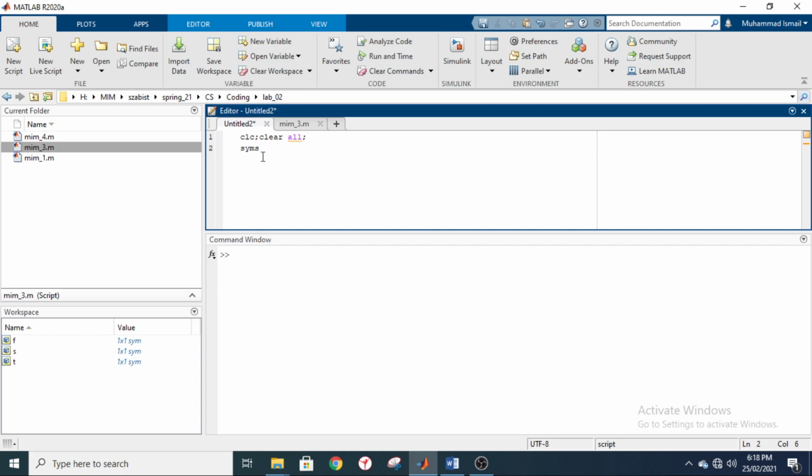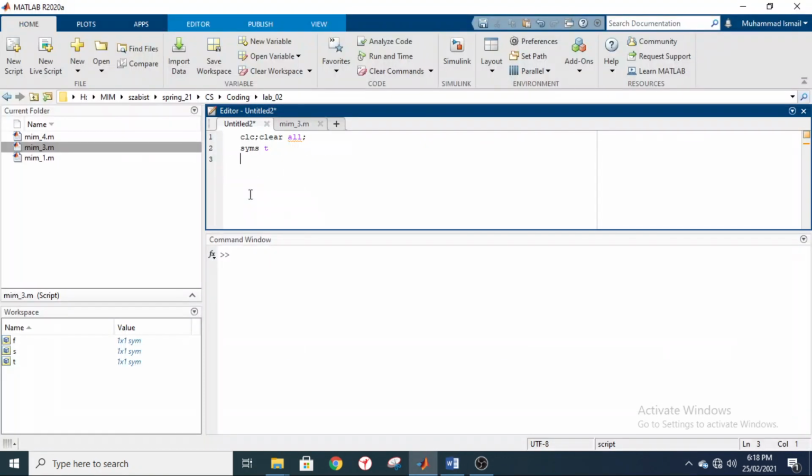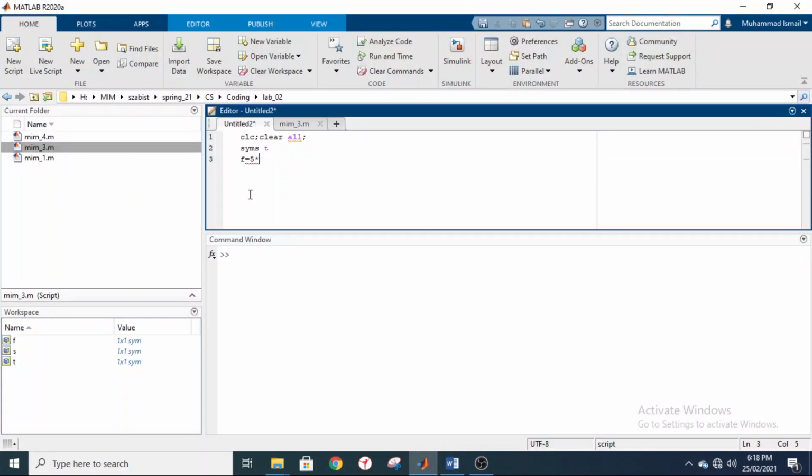Let's say I define t. Whenever I write t, MATLAB will treat it as a symbol and will not require any constant value for it. Now I will write the equation. Let's say f equals 5 multiplied by exp.